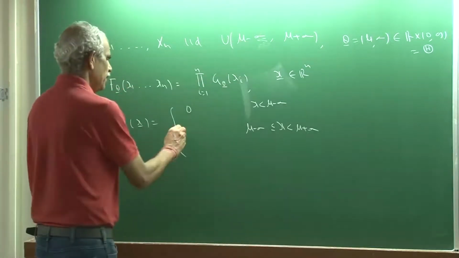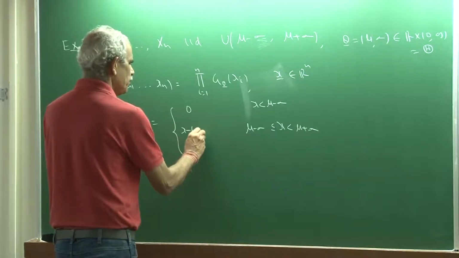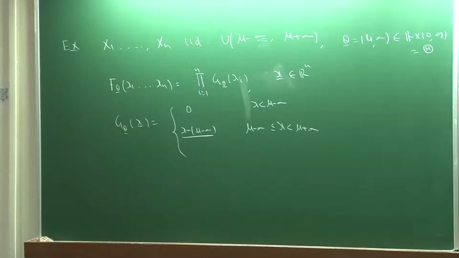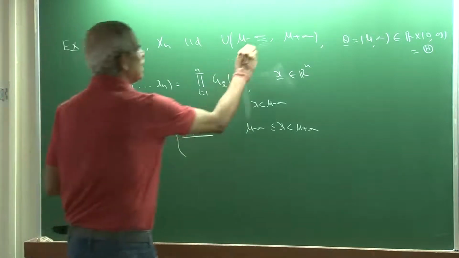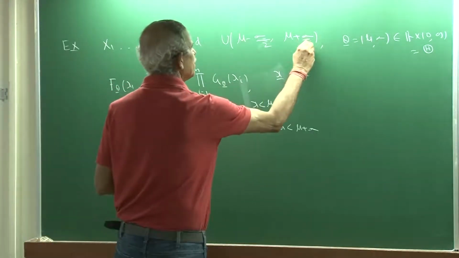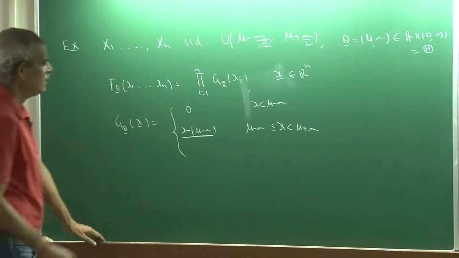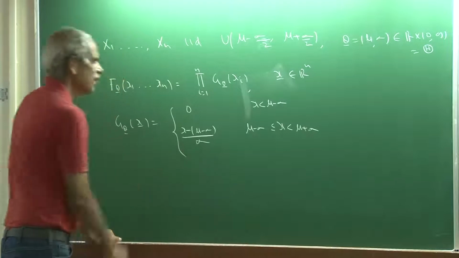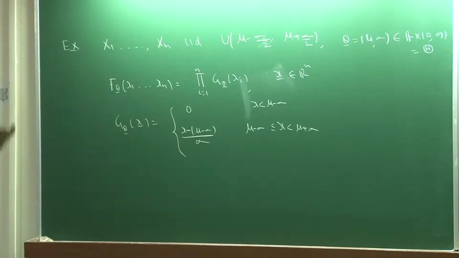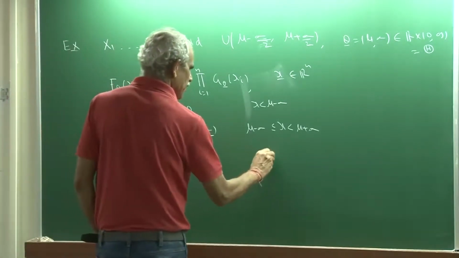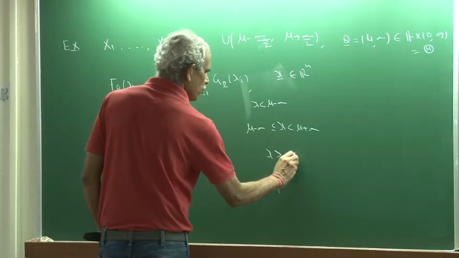So it becomes x minus mu minus sigma by total density. So let me make it sigma by 2 and sigma by 2, so that in the denominator I only get sigma divided by sigma, because uniform PDF is 1 upon b minus a, and it will be 1 if x is greater than or equal to mu plus sigma.